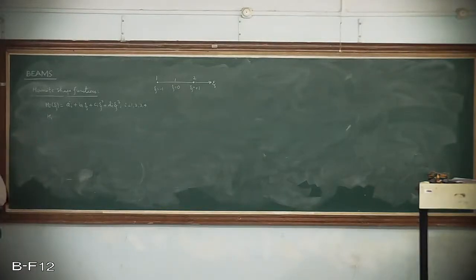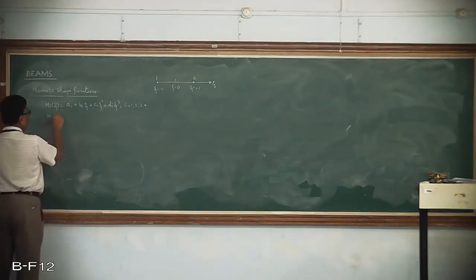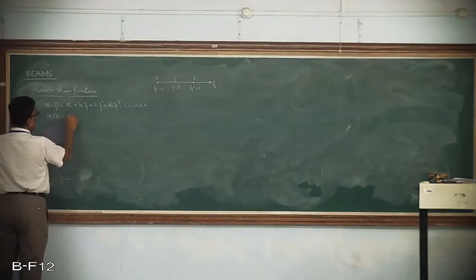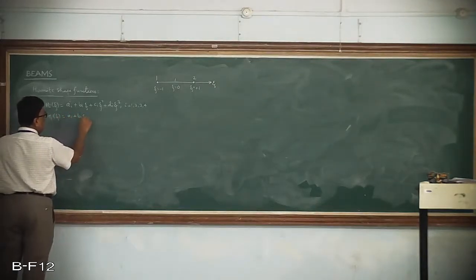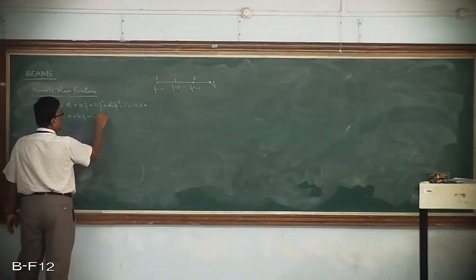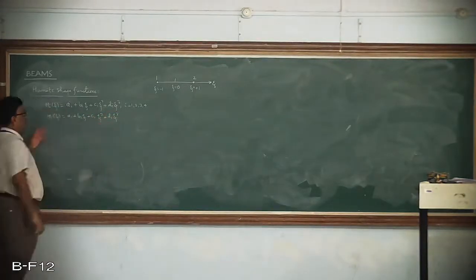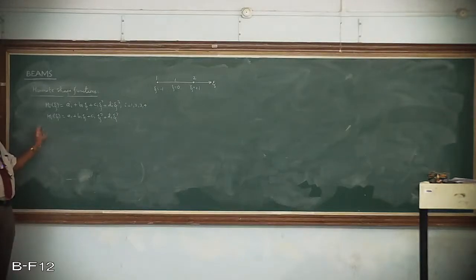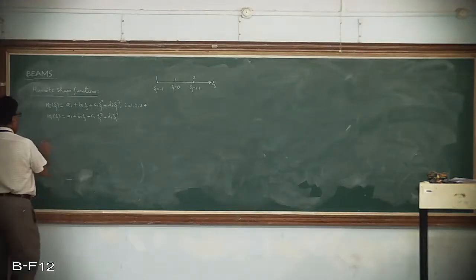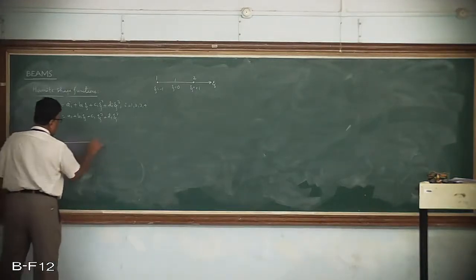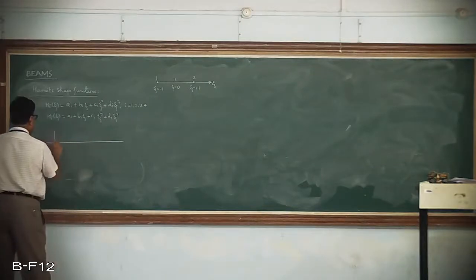So if I put H1, it is going to be A1 plus B1 zeta plus C1 zeta square plus D1 zeta cube. Similarly, if you write H2 of zeta, A2 plus B2 zeta and so on, you will get it like that, and H3, H4 as well. Now, these shape functions are governed by certain relations.